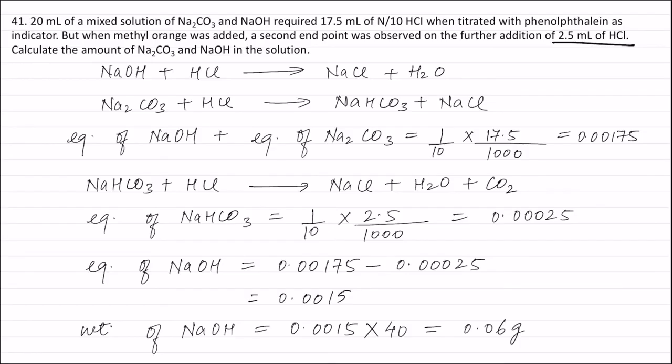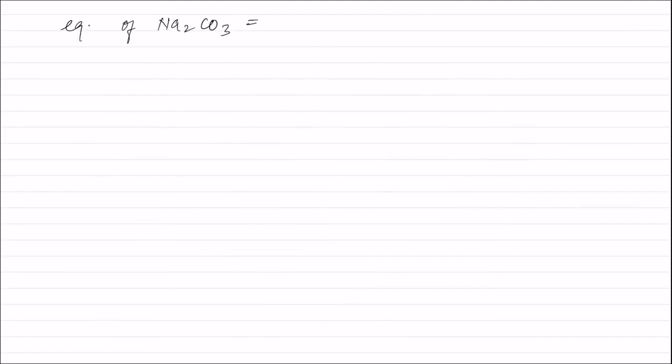Now, equivalents of sodium carbonate is equal to equivalents of NaHCO3, which is equal to 0.00025 equivalents. Therefore, equivalents of Na2CO3 is equal to 0.00025 equivalents.